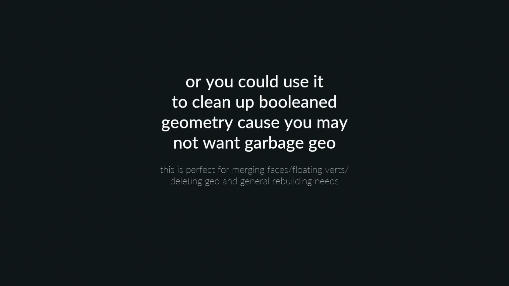And if you were to use conventional modeling tools, you're always having these nodes that don't need to be there. PolyDraw would be perfect for that, because you're just going to clean up: merge faces, delete floating points, delete bad geometry, rebuild those.